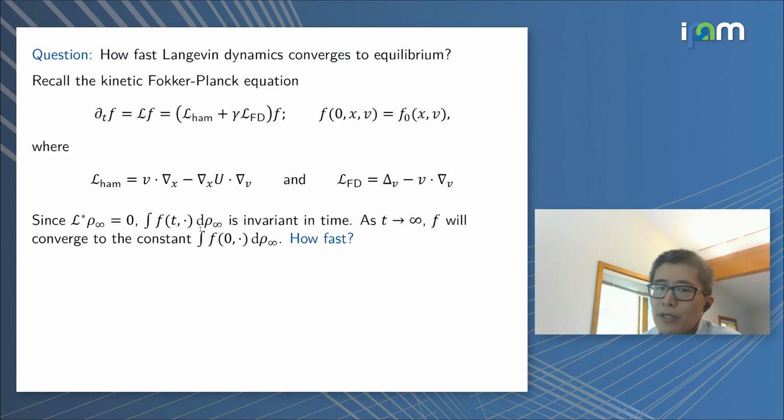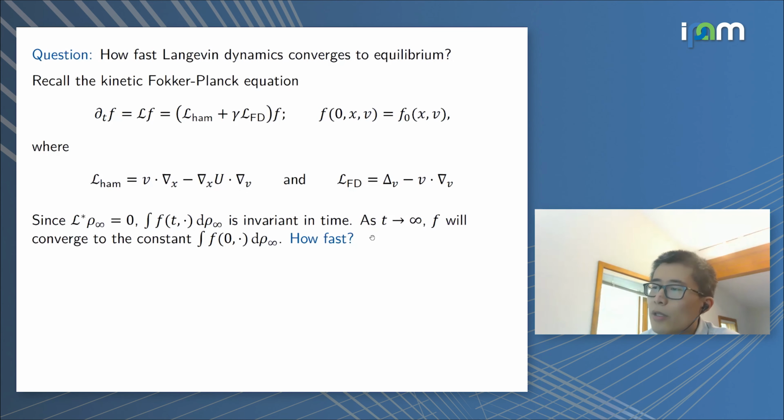This is conserved. So if you start with f0, and if my invariant measure is unique and ergodic, then you would expect that as time goes to infinity, from this backward equation point of view, my f will converge to a constant, which is just determined by the integral with respect to the invariant measure. But the question is, quantitatively, how fast does this happen?